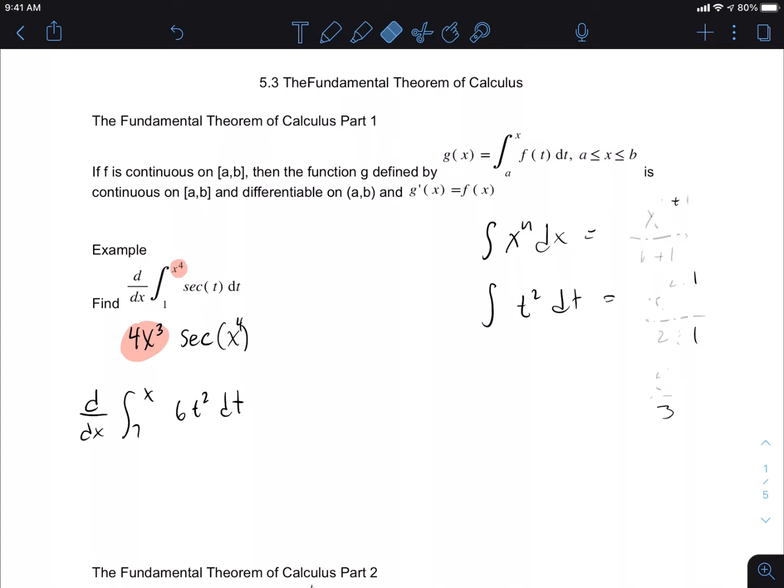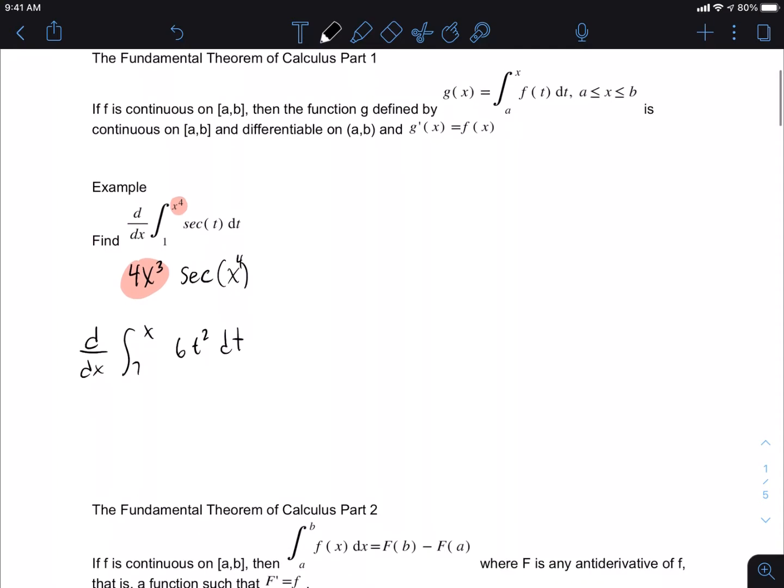Because the connections to what I'm trying to demonstrate to you right now is something that you need to be able to understand. So when I do the integral to this, it's going to be 6t cubed over 3 evaluated from 7 to x, but then I still need to take the derivative of that.